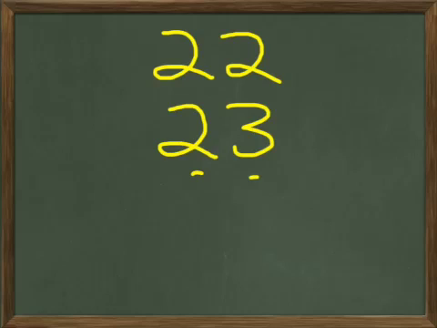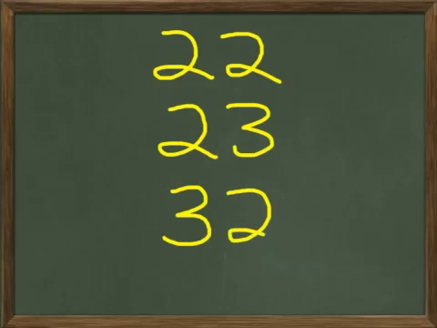Now below that I want you to write 32. So you write 32, and I'm going to write 32 here. And there's 32. You just reverse the order of the 2 and the 3 and it becomes 32. That's pretty simple, huh?